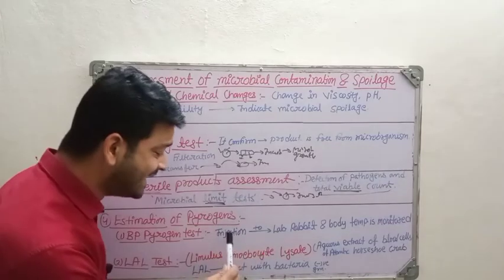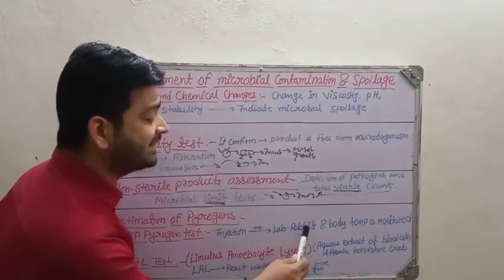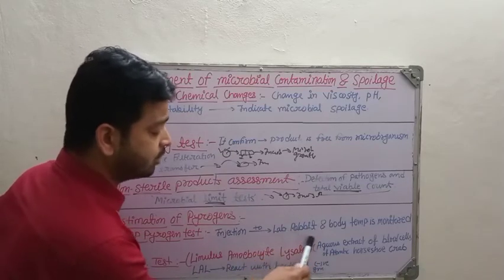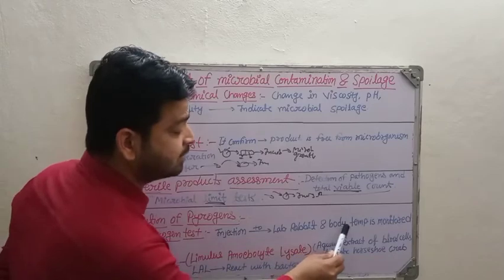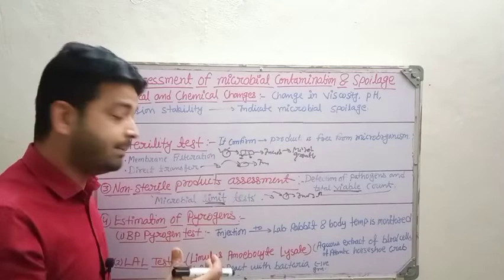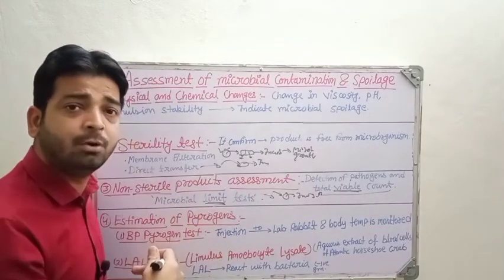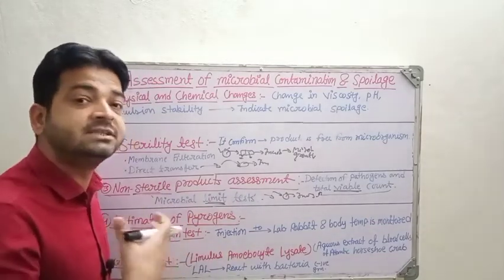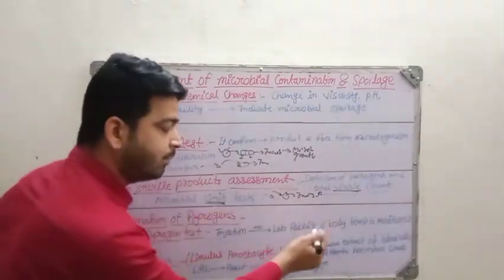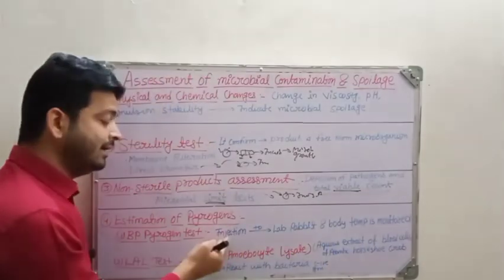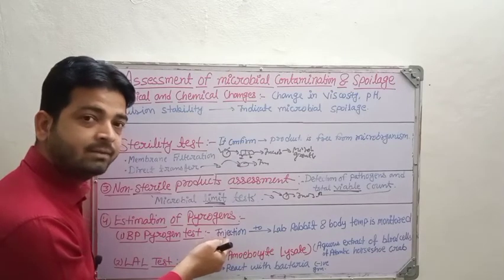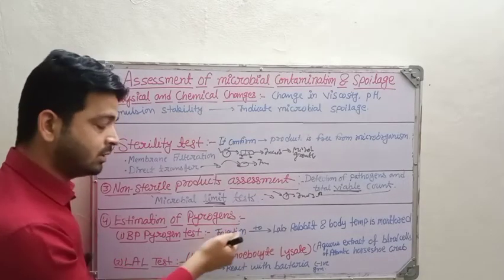Here we inject the sample into a laboratory animal, a rabbit, and monitor the body temperature to see whether it increases, because whenever a pyrogen attacks the body, the body raises its temperature and fever comes. If the body temperature rises, it means the sample taken from the pharmaceutical product contains microorganisms.